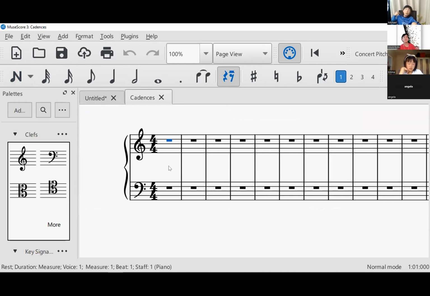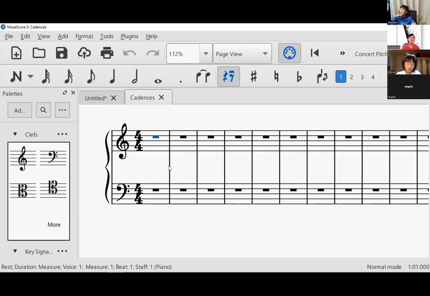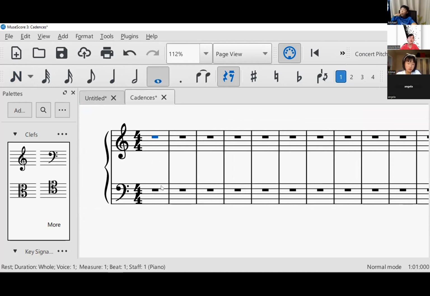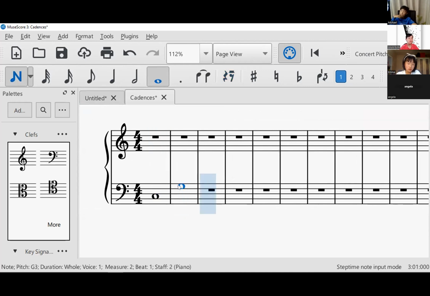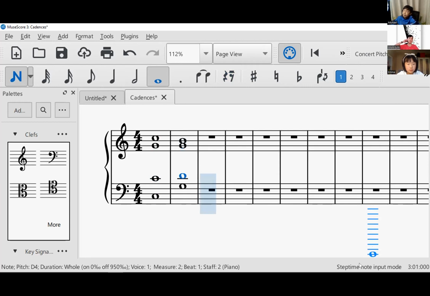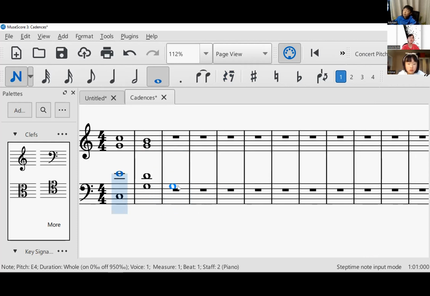So let's first refresh our memories by doing a 1-5 in C major. 1-5, essentially the opposite of a perfect cadence. So everything just like that. Wait a second, sorry. There's E. Yep, that's a 1-5 in C major.